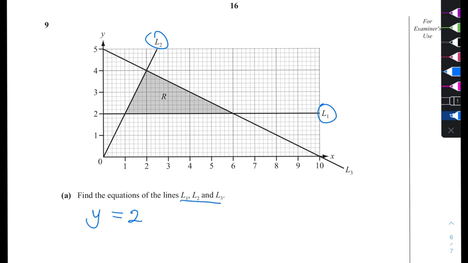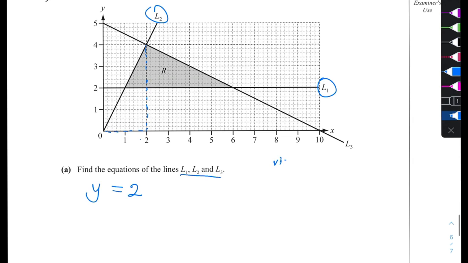Now this is a cool line that has a gradient. Okay, and the gradient, we can clearly see that you can use this. You can form any triangle, basically any triangle from here, and then you can use rise over run to always find your gradient.